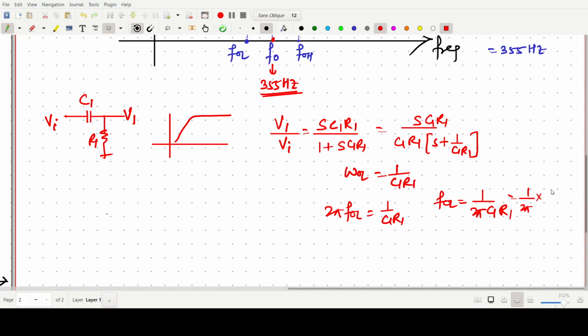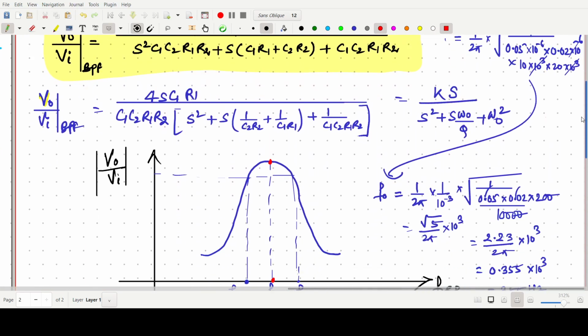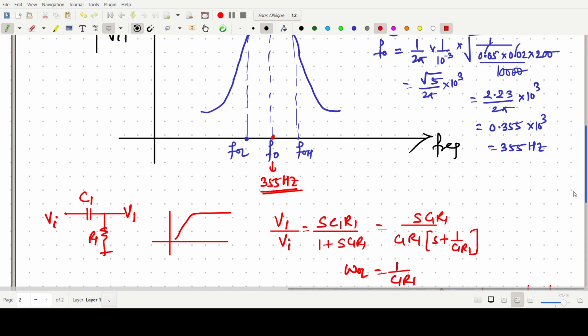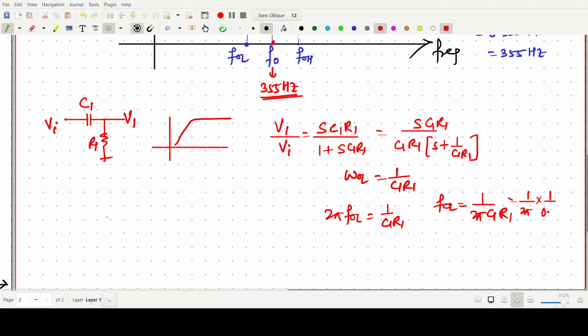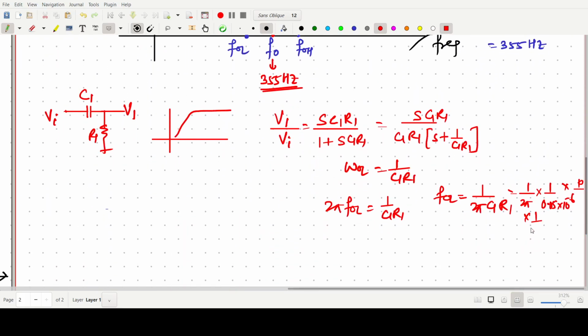So what we have to do now is put in the C1 value. What is the value of C1? 0.05. So 0.05 into 10 to the power minus 6, and R1 is 10 kilo ohm, so 10 into 10 to the power 3.